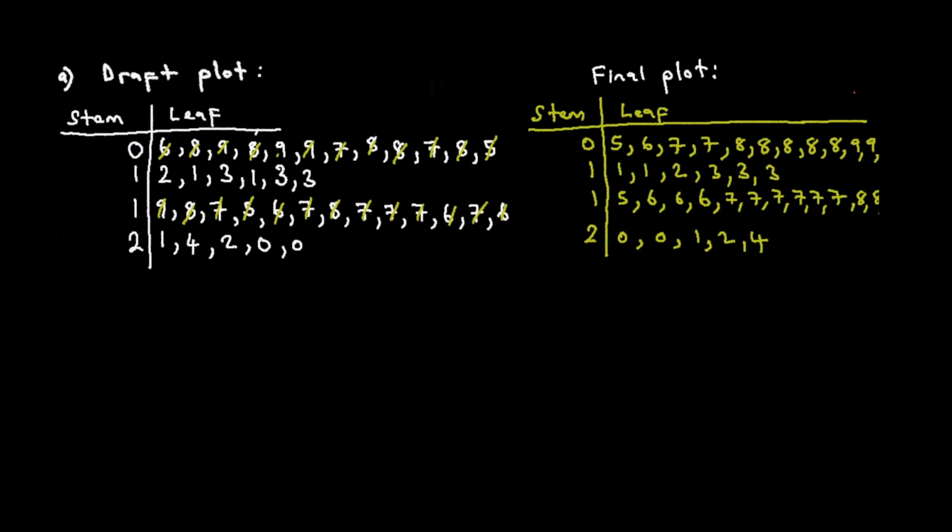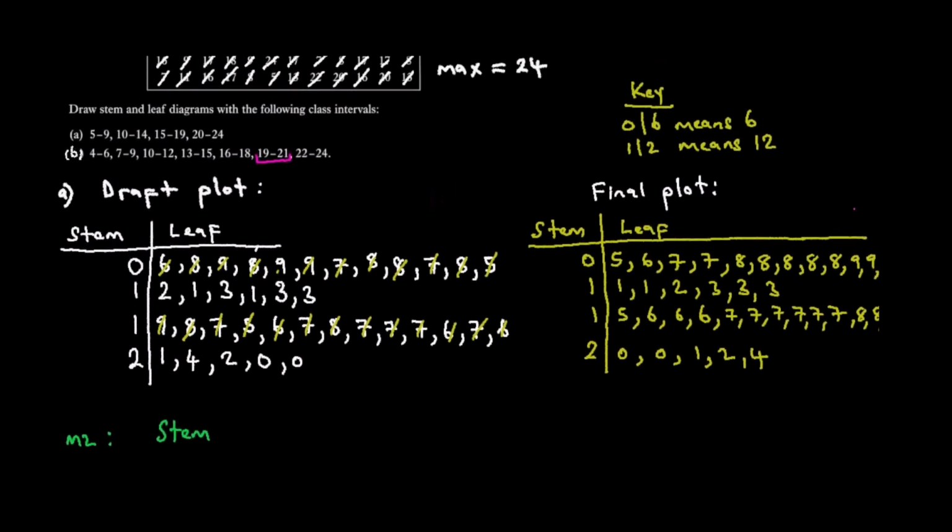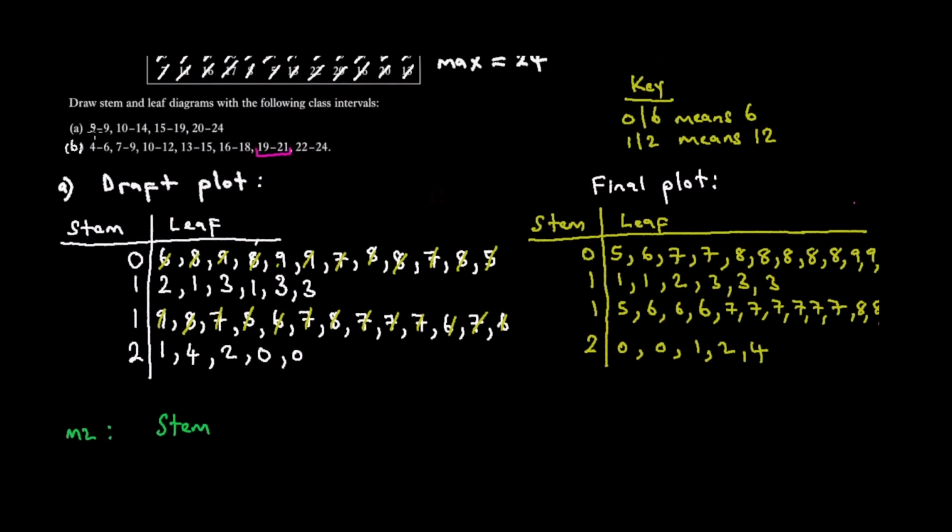So a different way, which I can call method 2, will produce a result like this. For our stems, instead of saying 0, 1, 2, we start by writing them as they are. This calls us to this remembrance: here it's 5 to 10, then here is 10 to 14, here 15 to 19 and 20 to 24.